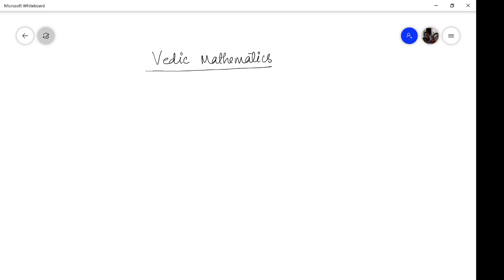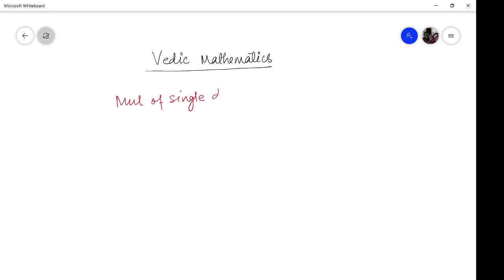This mathematics basically comprises 16 sutras, or we can also say word formulas, and 13 sub-sutras or corollaries. So in this particular lecture, I will be starting with something very basic, that is how to multiply two single digit numbers.